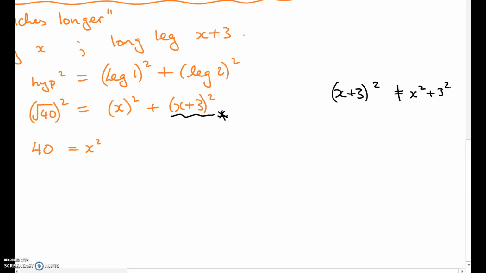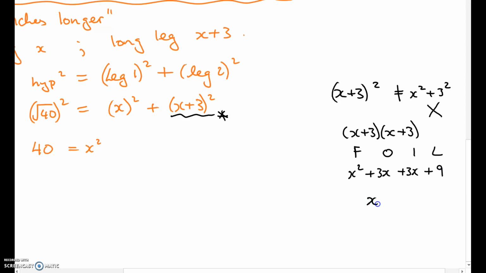That's not how this works. That's wrong. What we have to do instead, x plus 3 squared means x plus 3 times x plus 3, and we use FOIL to do that. If we use FOIL, we're going to get x squared plus 3x plus 3x plus 3 times 3 is 9. So we're going to get x squared plus 6x plus 9.